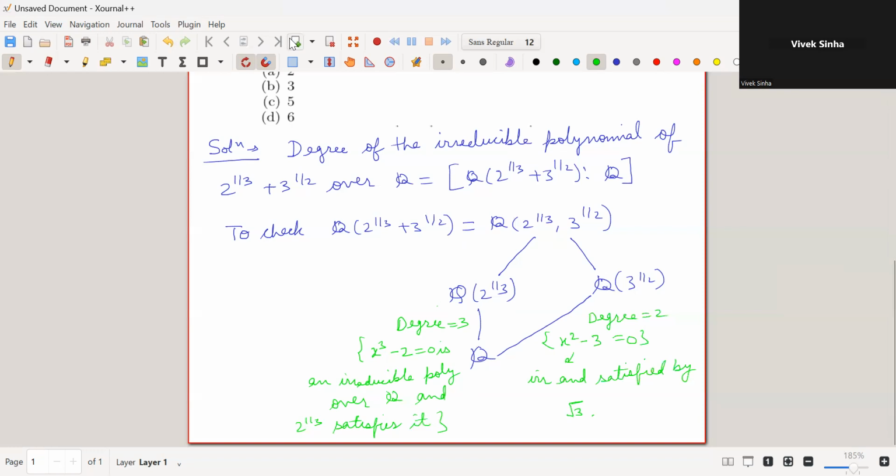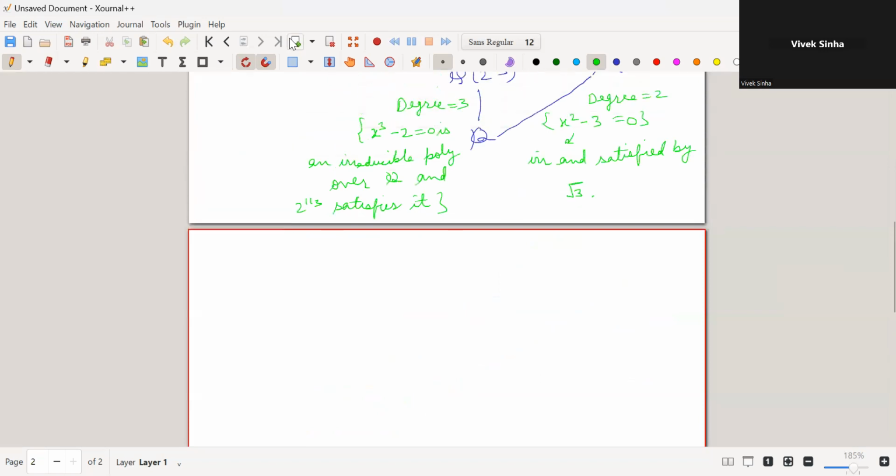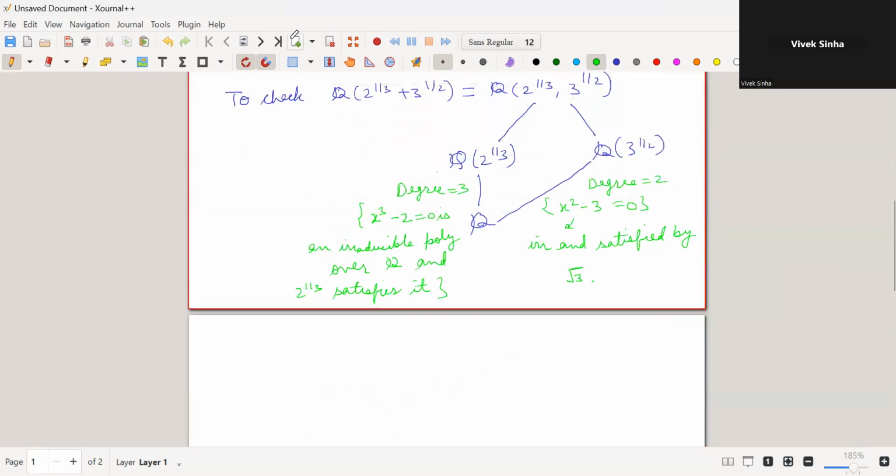now what do these things tell you? They are field extensions, so they are forming a tower.